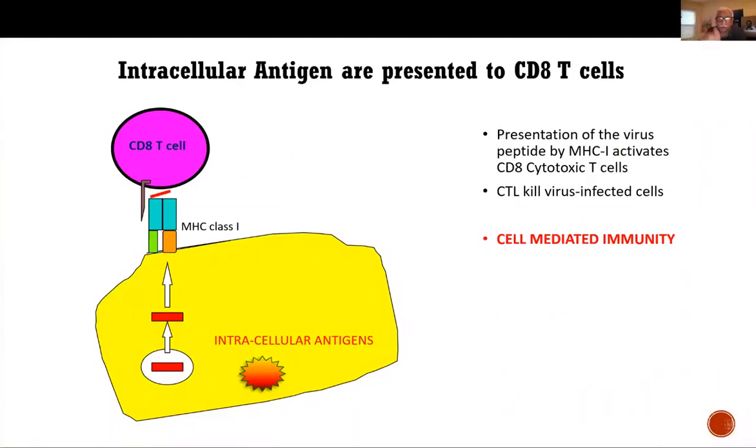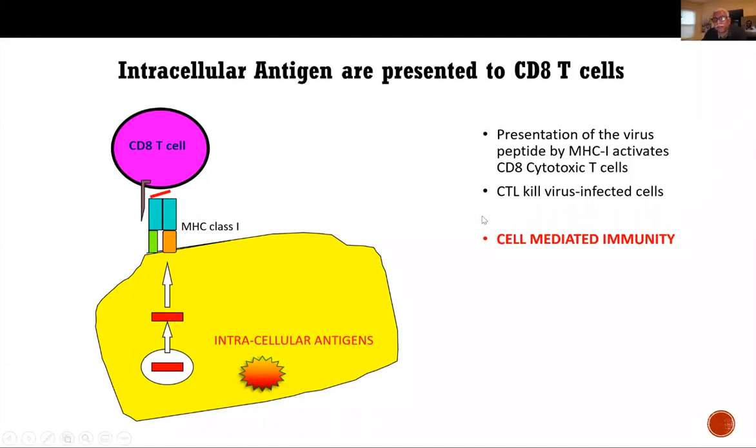generated. So what happens is when a virus like COVID-2 enters the cell, an antigen-presenting cell, it is an intracellular antigen. And that is because it encodes its RNA, and this RNA is converted to protein. This protein is broken down into peptides, and these peptides are presented on the surface of MHC class I molecules, which then present antigen to CD8 T cells.